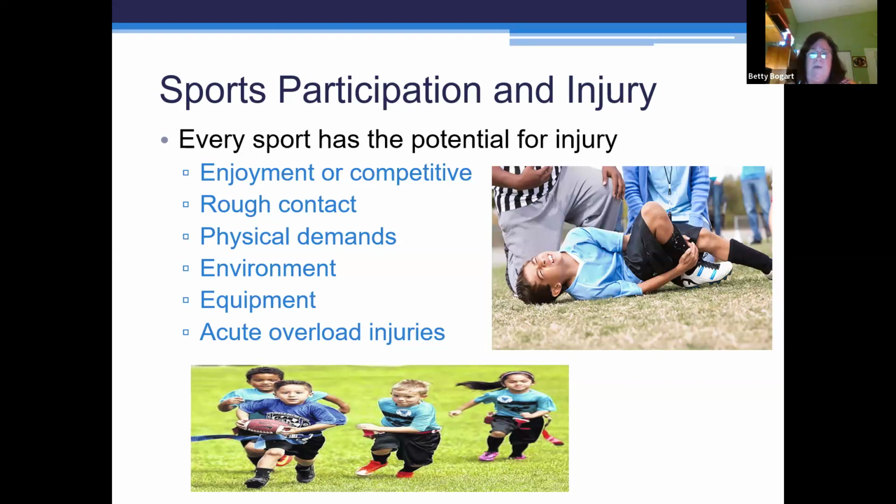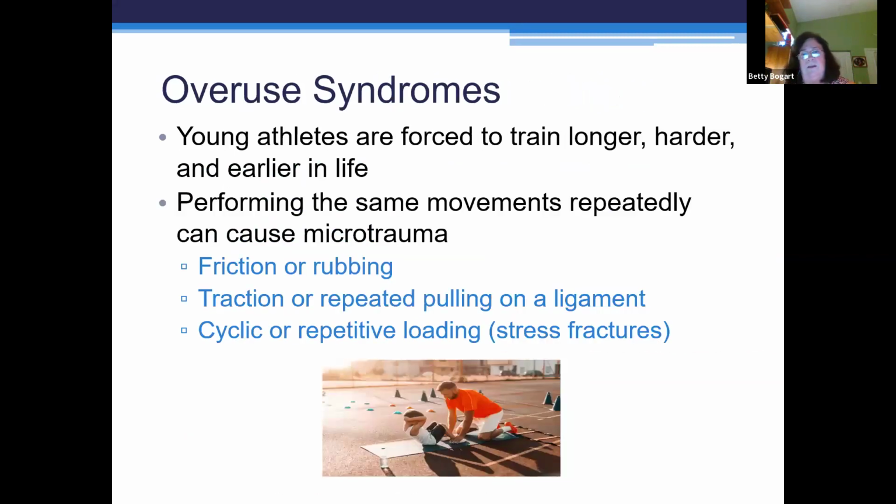One of the things we have to remember is to be wearing the proper safety equipment, whether it be helmets, knee pads, elbow pads, wrist restraints, shoes, making sure they have what they need and not letting them go to the point where they're doing overload injuries, like they're doing it too much. They do need rest breaks. I mean, kids are still growing, and they should be given that opportunity for resting.